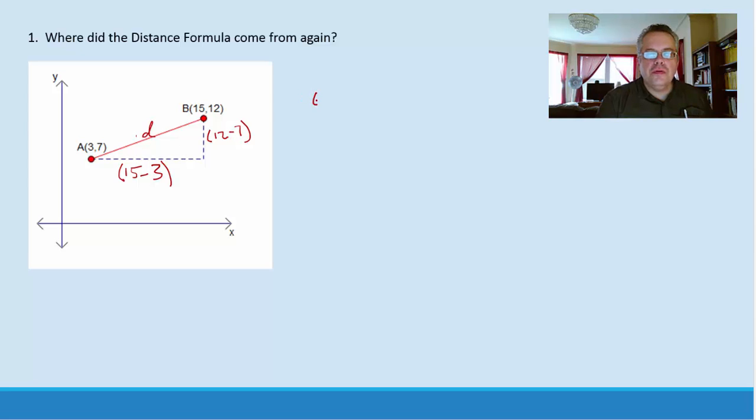So we would do 15 minus 3 squared plus 12 minus 7 squared equals the distance squared. I didn't simplify because in the distance formula, it's not simplified. Okay, now that's actually almost it.